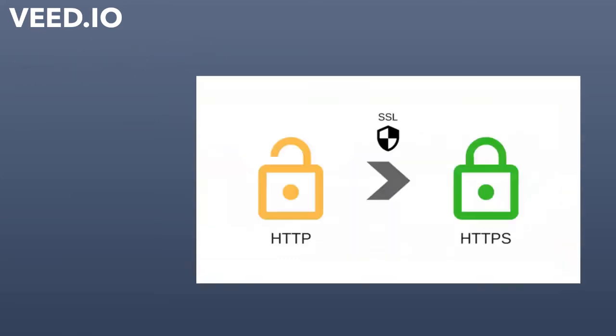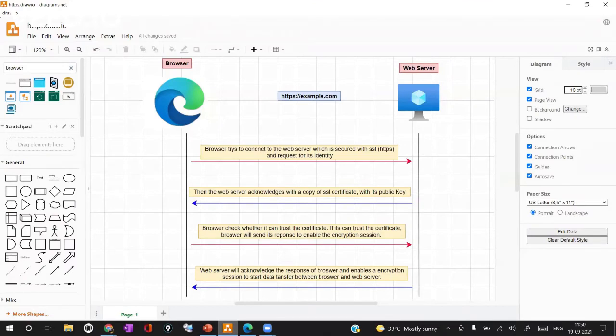When it comes to HTTPS, it is the same as HTTP, but you get security using SSL, Secure Socket Layer. Let me give you an example of how we can get security by using SSL in HTTPS.